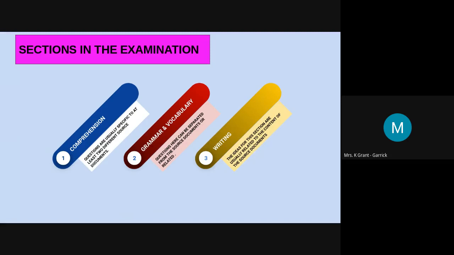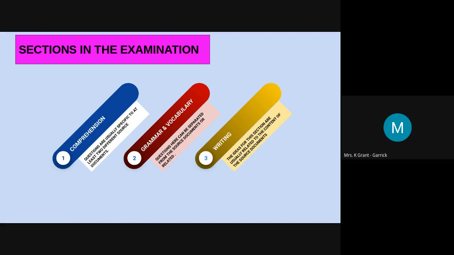The comprehension section, which basically has questions that usually are specific to at least two different source documents. Then questions from grammar and vocabulary. And these questions, they can be items that are separate from the information given in the source document or related to this particular information.